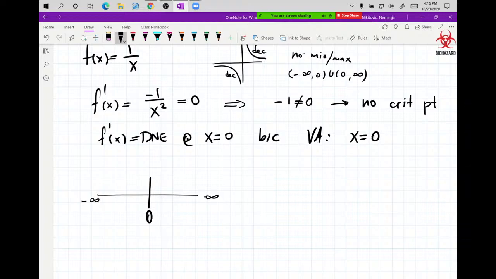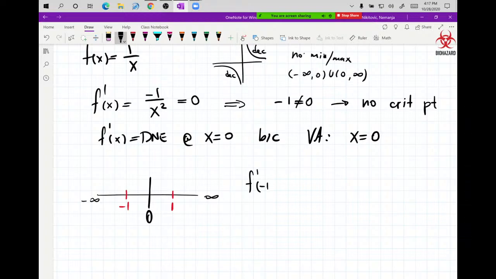And then do what? Pick test points and compute. All the same as before. You can pick literally any number. You can pick 3 over 17 if you want. It's fine. You can pick any number in that region as a test point. And then work your first derivative test.